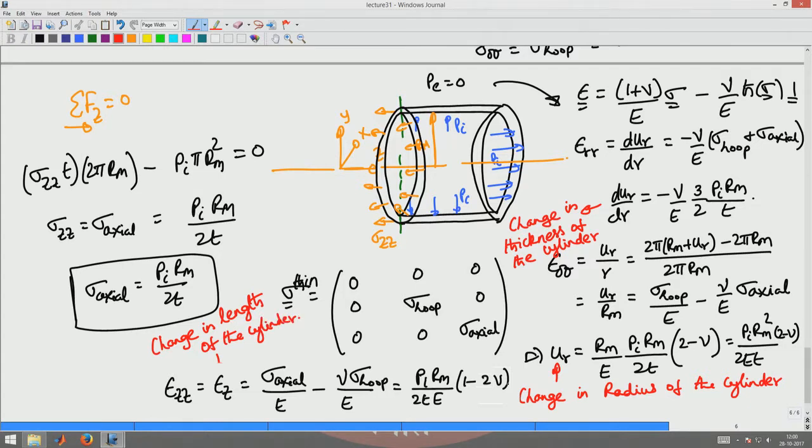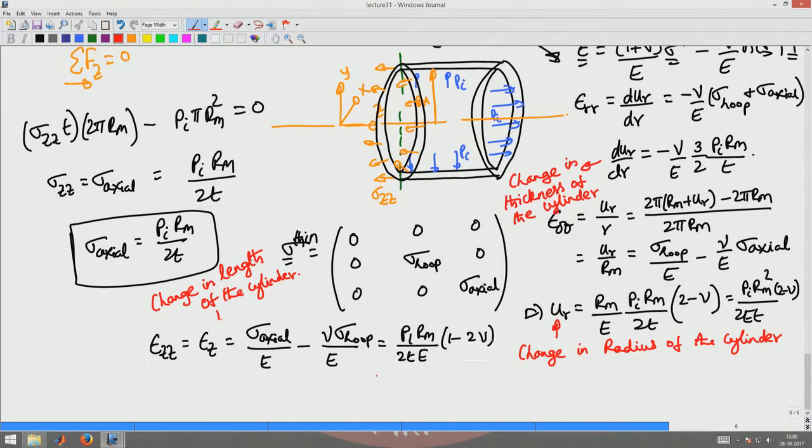Okay. So, basically what you have done is you have analyzed thin wall pressure vessels. There is one more concept that you have to understand, what happens in a composite thin wall cylinder. So, let us spend some time understanding composite thin wall cylinders.